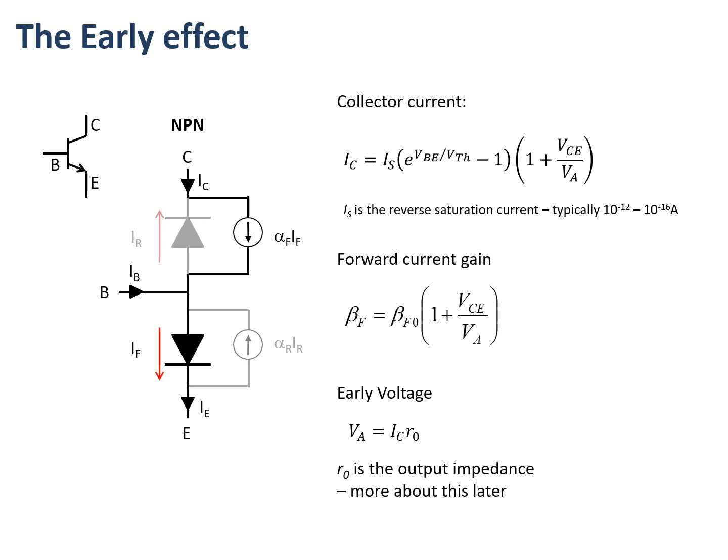Mathematically, we can include the Early effect in our formulas by modifying them slightly. So, for example, the collector current formula is driven really by the diode theory, but we can change that slightly by introducing a component dependent on the ratio between VCE and the Early voltage VA.